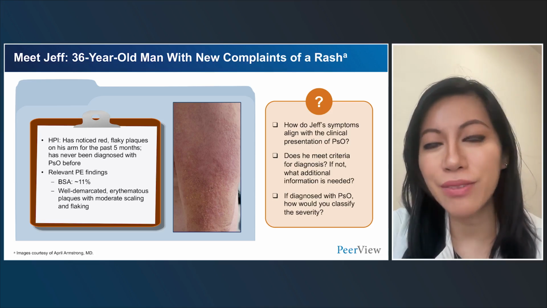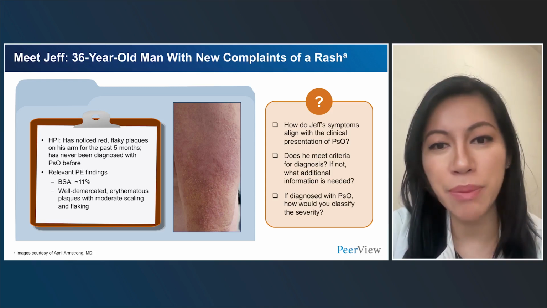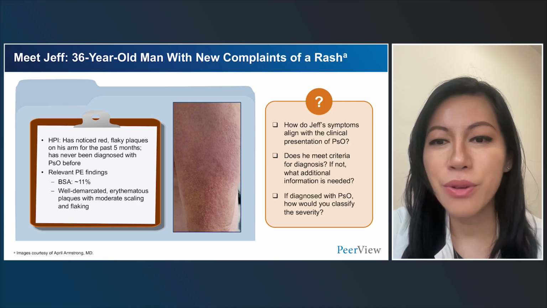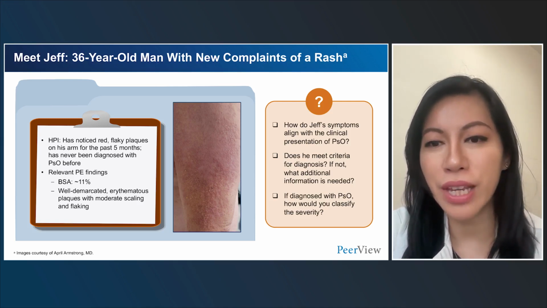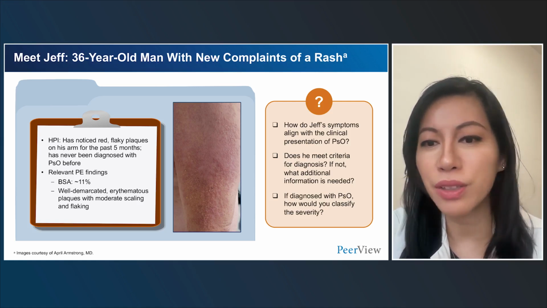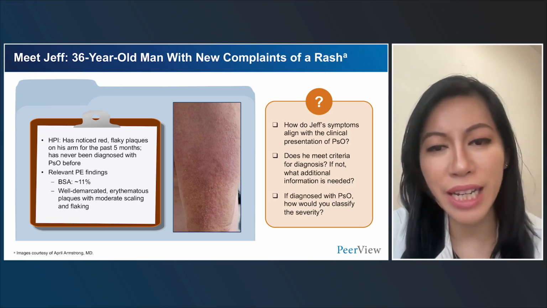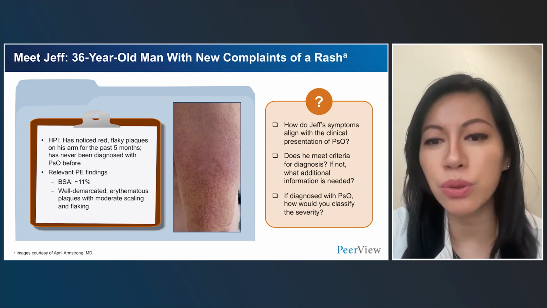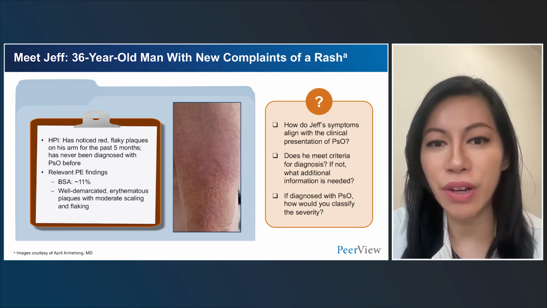Also, involvement of the intergluteal fold is often a very specific clue that the diagnosis can be psoriasis. So, a few things to think about as we go along with Jeff's presentation: how do Jeff's symptoms align with the clinical presentation of psoriasis? Does he meet the criteria for diagnosis, which is typically a clinical diagnosis? And also, how would you classify the severity?